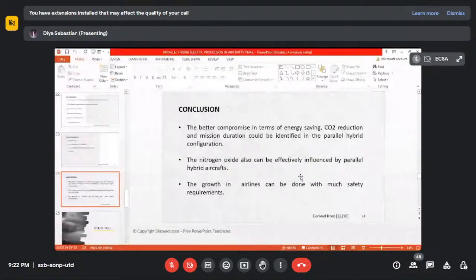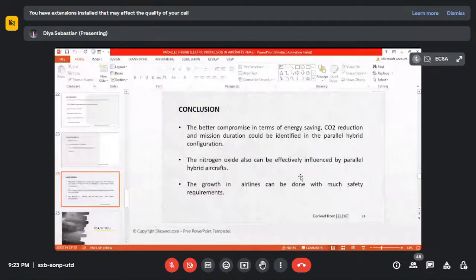So I think it may be useful for you. I would like to conclude with less emissions and use this opportunity to be good.